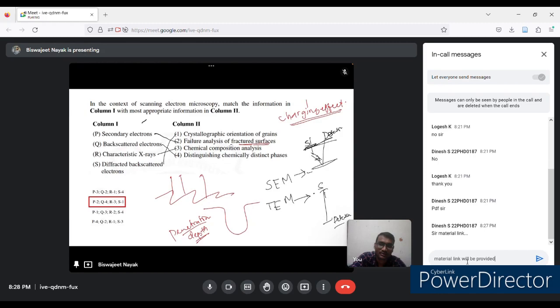When we go for testing, like non-destructive testing, to detect the tensile test, fracture test, compression test, how can we analyze the fracture analysis of that by secondary electrons?